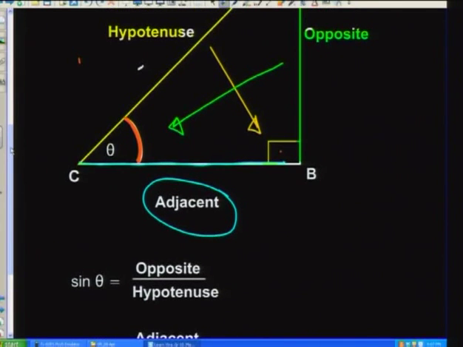would be, if I take the side that's opposite the angle and I divide it by the hypotenuse, I'm going to get what, for those that are unfamiliar with it, is called the sine of theta. So that ratio will always be reserved for the fraction that you create when you take the side opposite theta and you divide it by the hypotenuse.